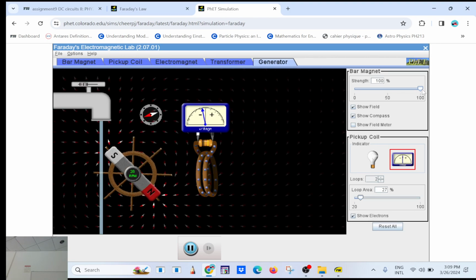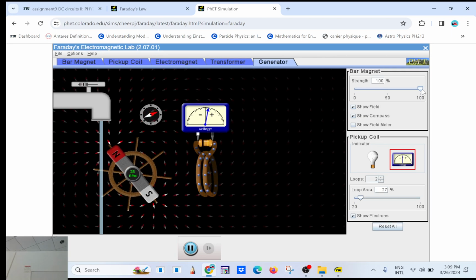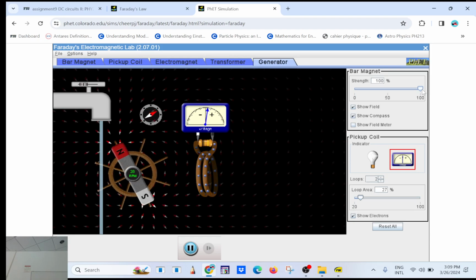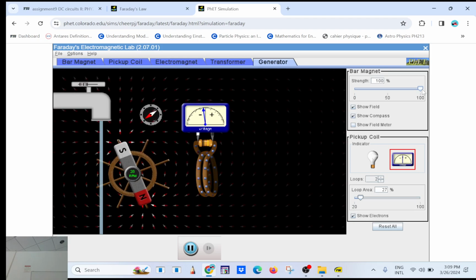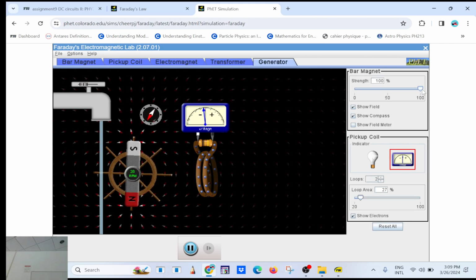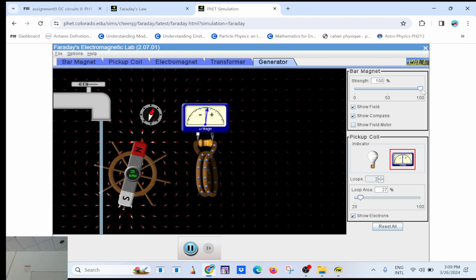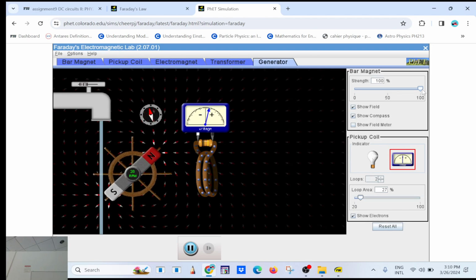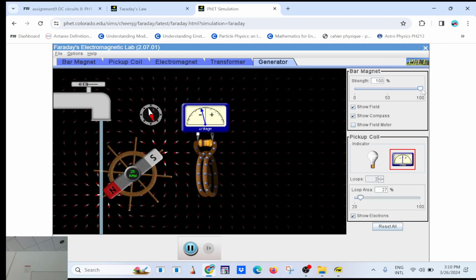It's very hard, but you see that I'm producing EMF, right? You have a magnetic field coming out, so it's like field lines poking through this area, and if the number of lines is changing with time, I'm going to have an EMF.